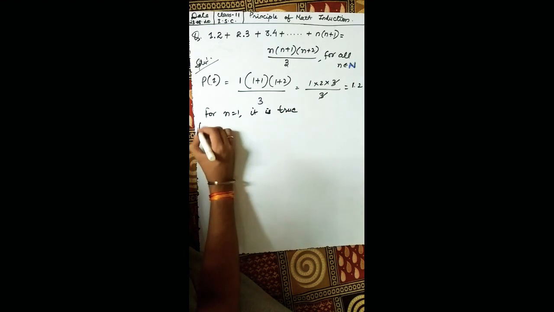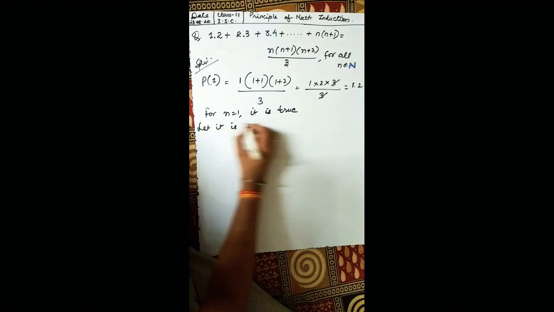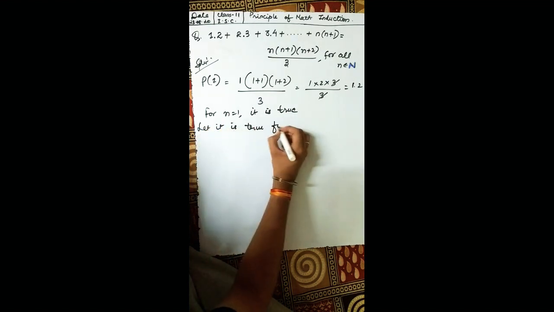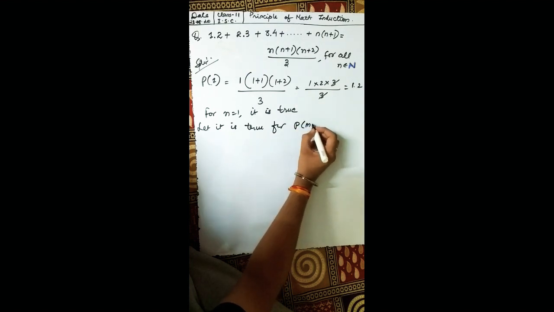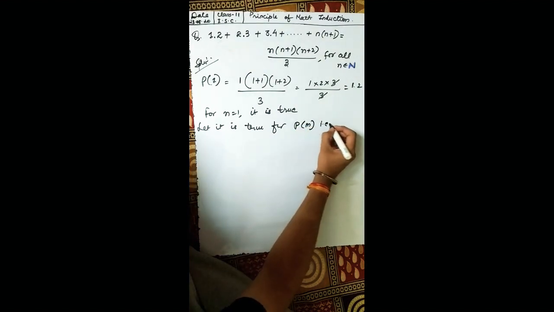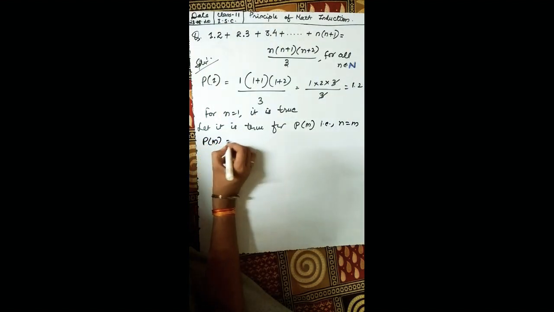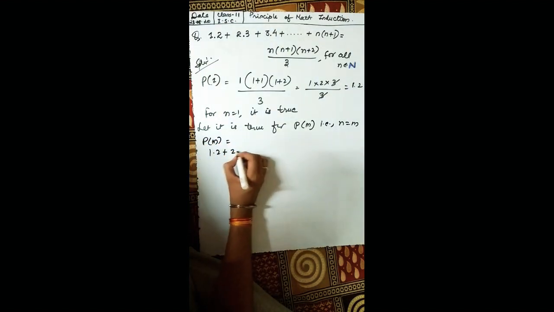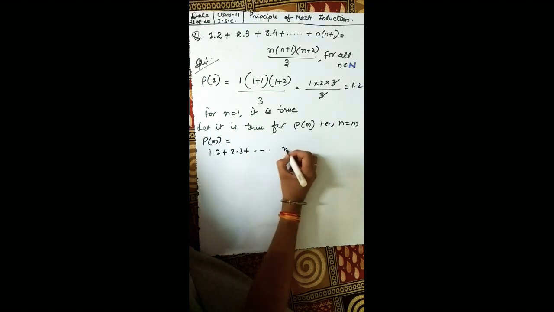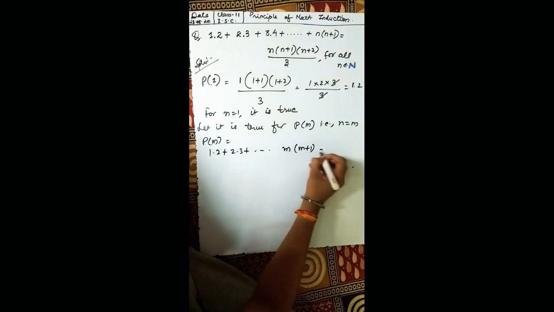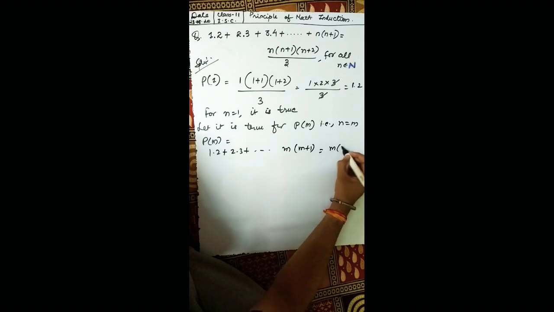Let it be true for Pm, that is n equal to m. So what will be Pm? Pm will be 1 into 2 plus 2 into 3 and so on up to m bracket m plus 1 equal to m plus 1, m plus 2 upon 3.